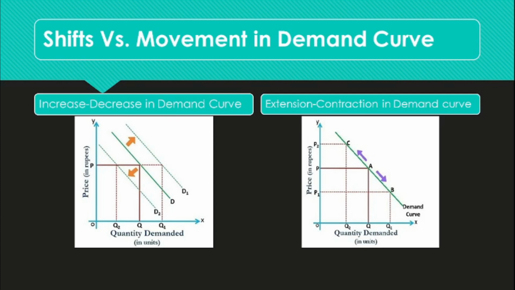That is the quantity demanded at price P, and point A gives us the price-quantity combination of P and Q. But when there is a decrease in the price from P to P1, we can see that there is an increase in the quantity from Q to Q1. Okay, and we get a new point on the demand curve, which is B, which is slightly lower than A.